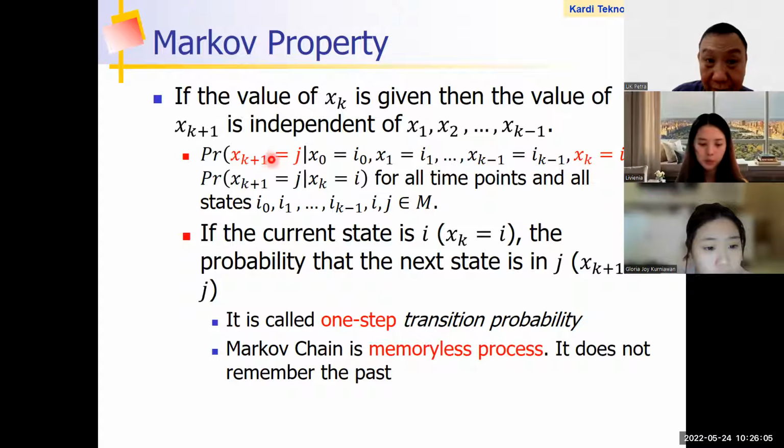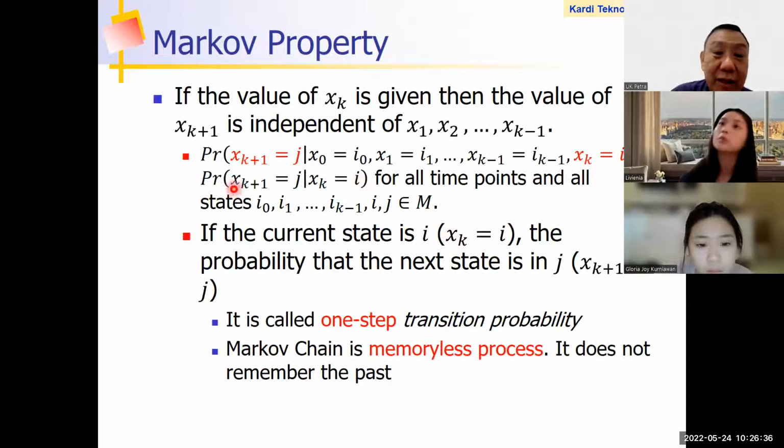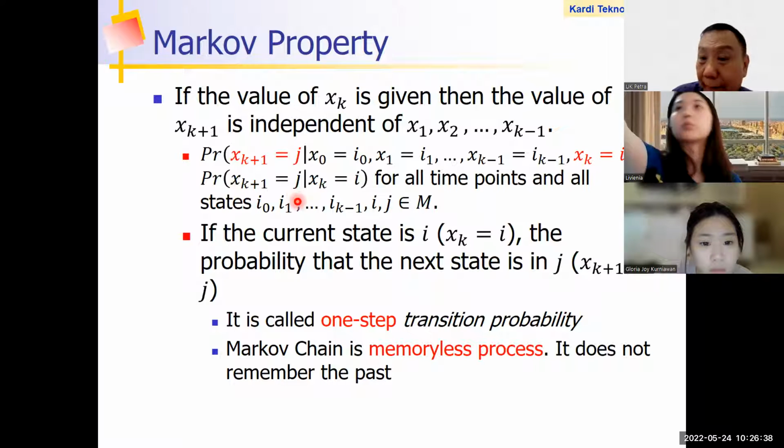So given that you already passed all this sequence, what is the probability to go to the next state j, now that you are in i? You can forget all this previous history because this probability is exactly the same as the probability of xk plus 1 equal j given xk equal i.